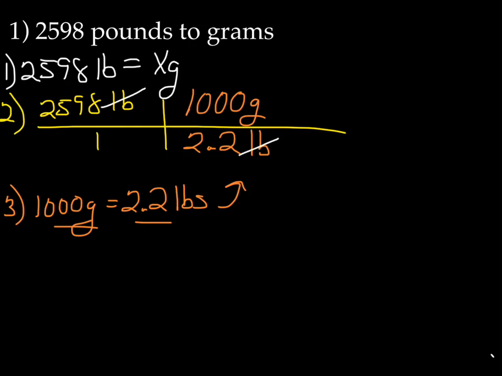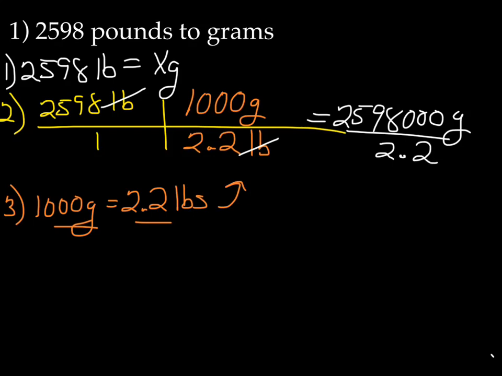My units cross out. So now I'm going to multiply across the top and across the bottom. And that gives me a big old long number, 2,598,000 grams over 2.2. So now I'm going to divide.